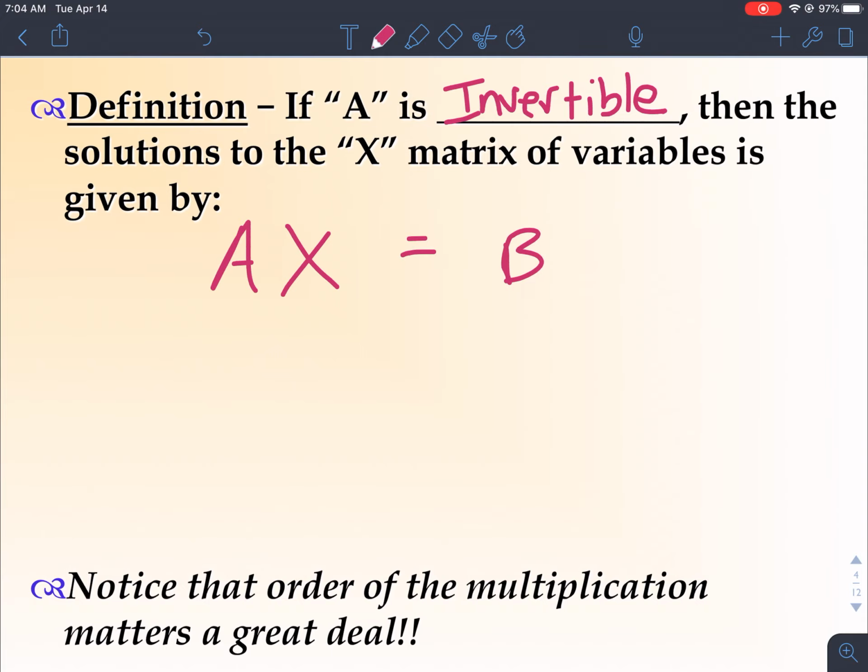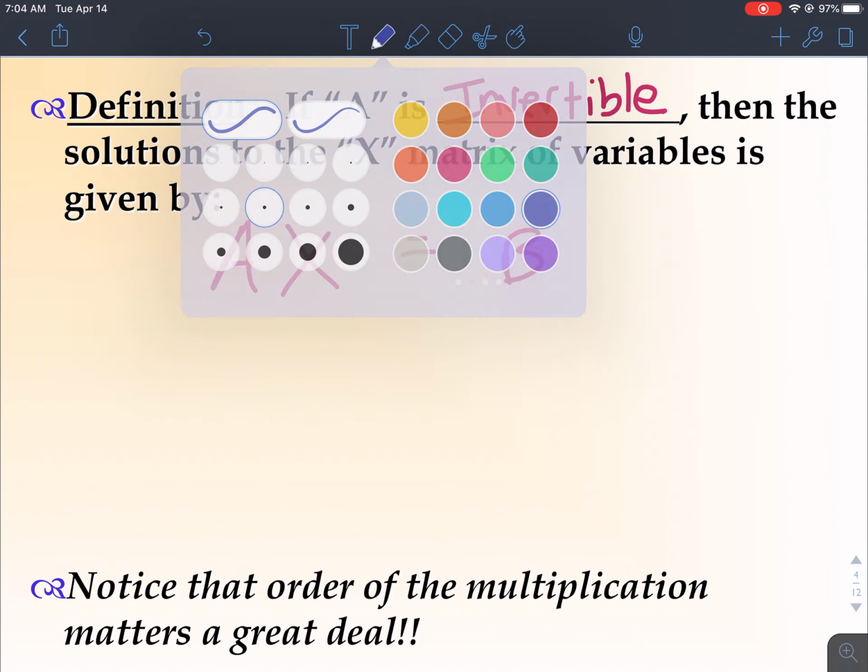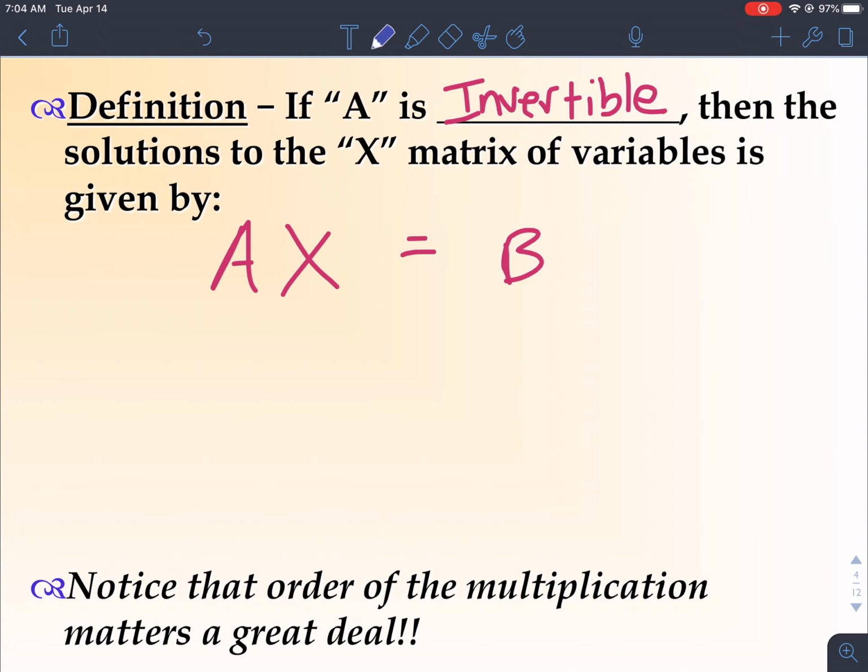here's our equation. Now what happens if I were to multiply both sides by A inverse? Those two matrices multiplied together will give us the identity matrix.